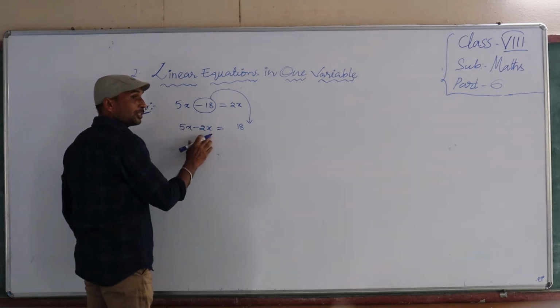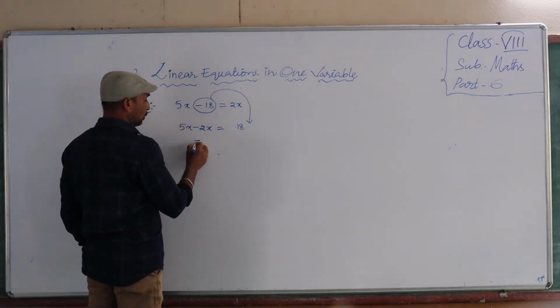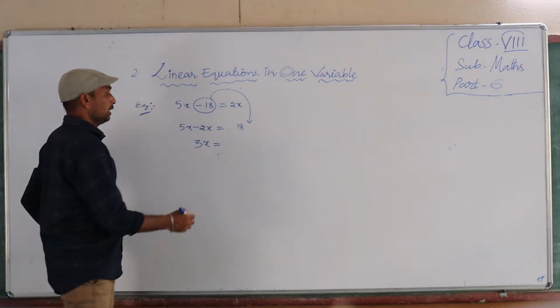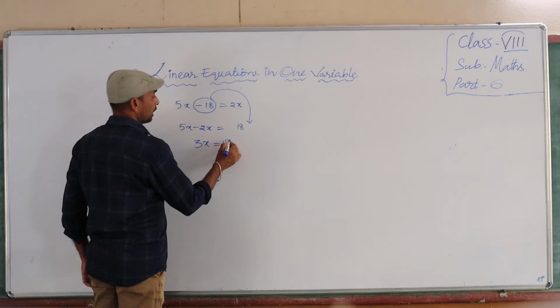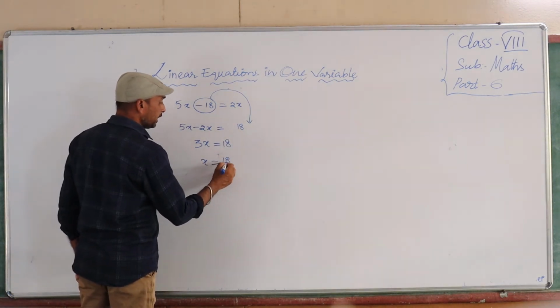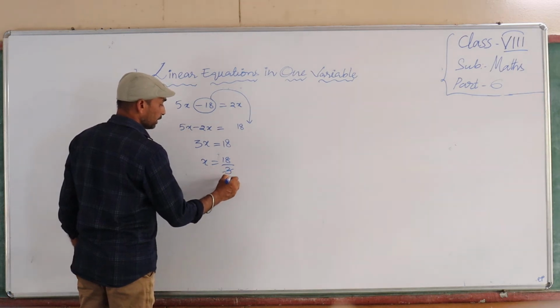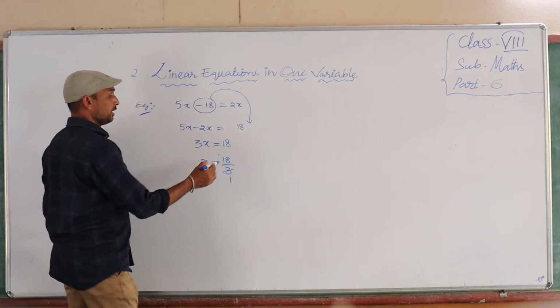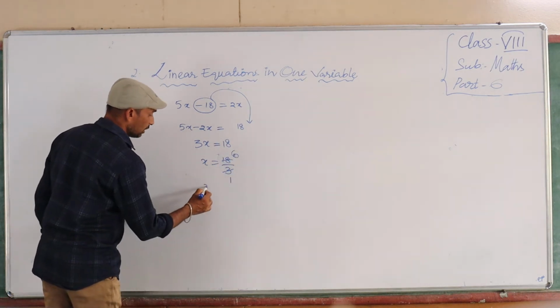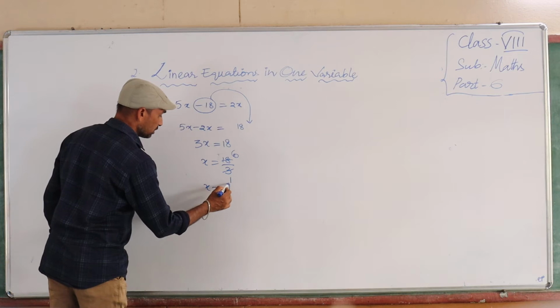Then 5x minus 2x is 3x is equal to 18. Then x is equal to 18 by 3. 3 ones are 3, 3 sixes are 18, so we are getting the answer. So x is equal to 6.